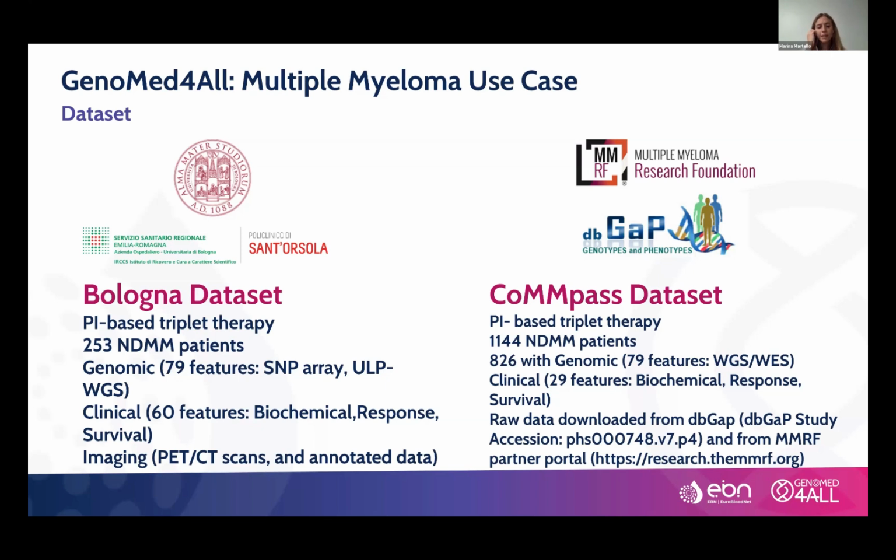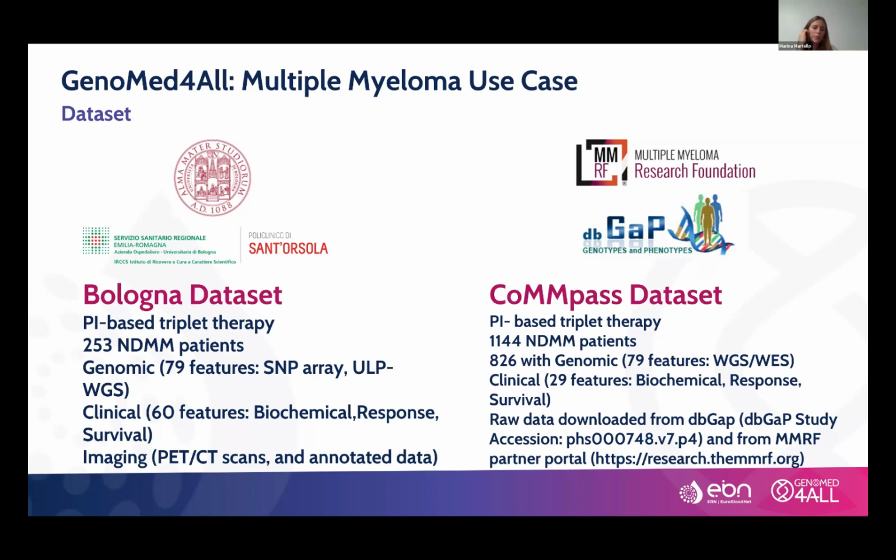Clinical data have also been provided, which include 60 features, such as biochemical, response to therapy, and also survival data. And finally, imaging data that include the PET-CT scans and also the PET data annotated by the clinician.